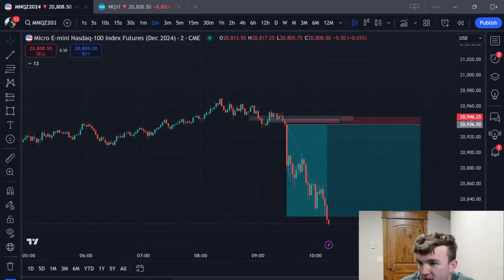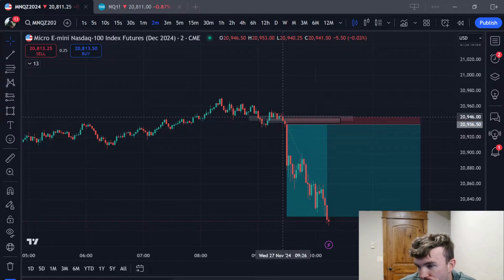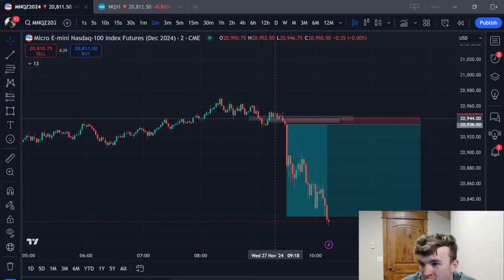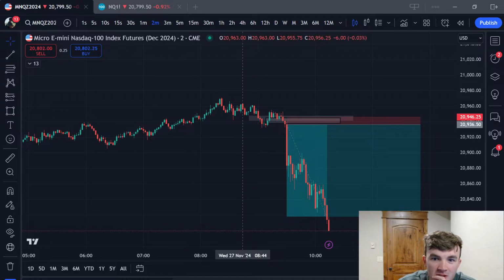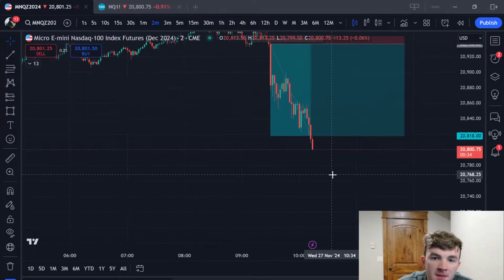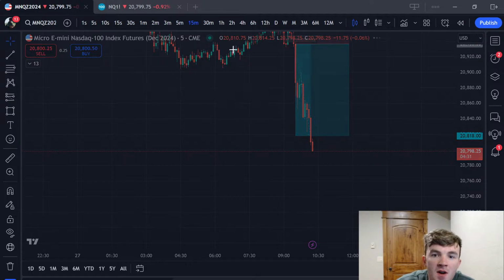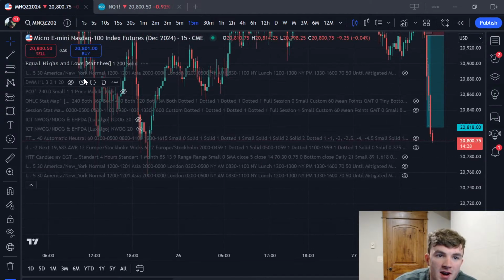Wait, it's kind of confusing actually. There might not have been SMT. Well, S&P made equal lows, and the Nasdaq made lower lows. So I don't know if you consider that SMT or not. Anyway, I think we are gonna go take out this previous day's low now.